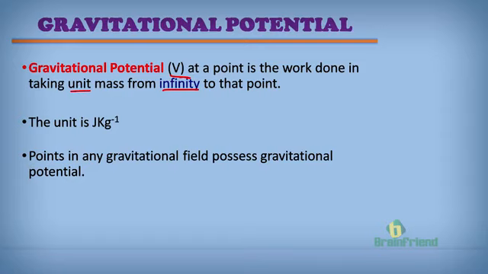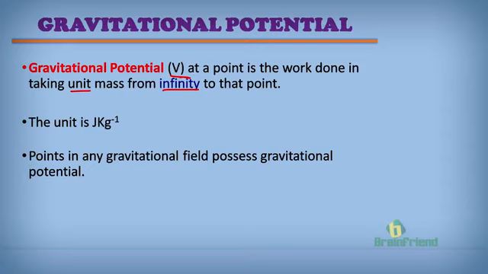The work done in carrying per se 1 mass, 1 kilogram, 1 gram of a particular body from infinity, from a far distance to where? To that particular point. That is what we describe as gravitational potential at that point. The unit is joule per kilogram. Joule, why?